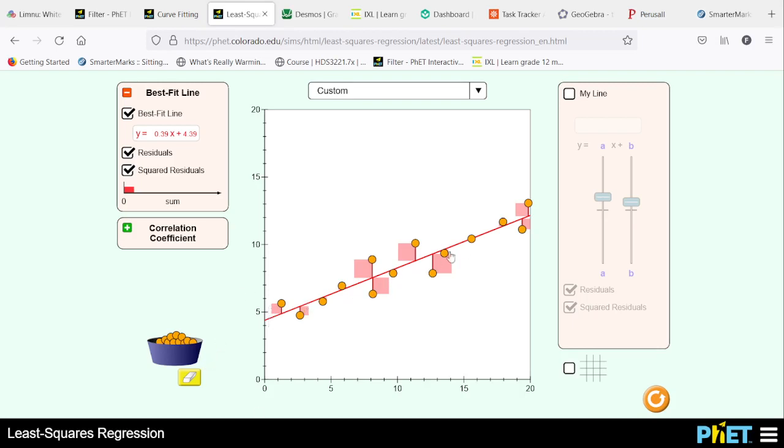But this is our best fit line. So we see this line and the computer has gone through and adjusted it. So we can try to find the best fit ourselves, but really there are mathematical ways to make sure that we do have the best fit, the absolute minimum total area for all of these data points.